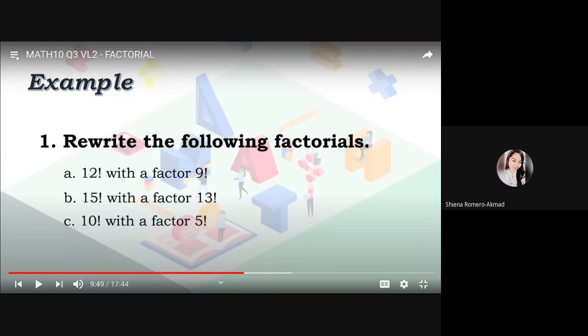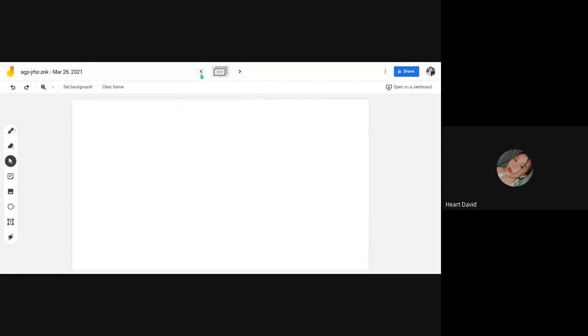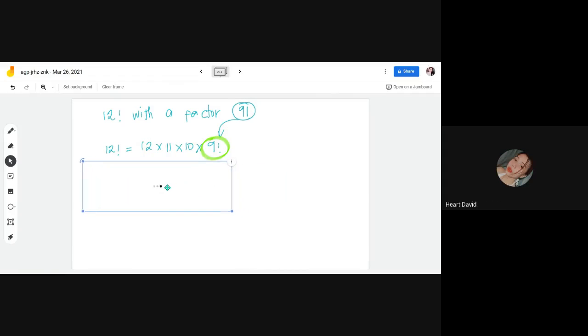David, may nakalimutan ka. Ay, 13 factorial, ma'am.